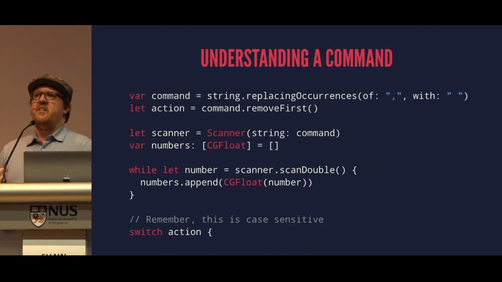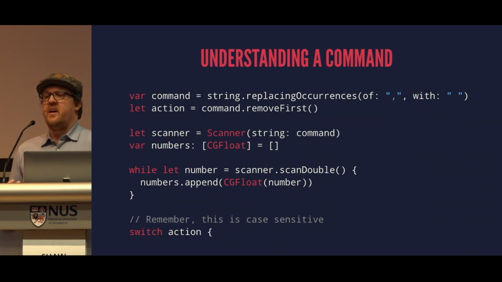In order to understand a command, so we've got something like M1010, we need to, again, parse all of that. So what we're doing here is, in order to determine the correct number of values, we are removing any commas and putting spaces in there. This way it just gets it to a known variant rather than going each time, is it a comma or not?